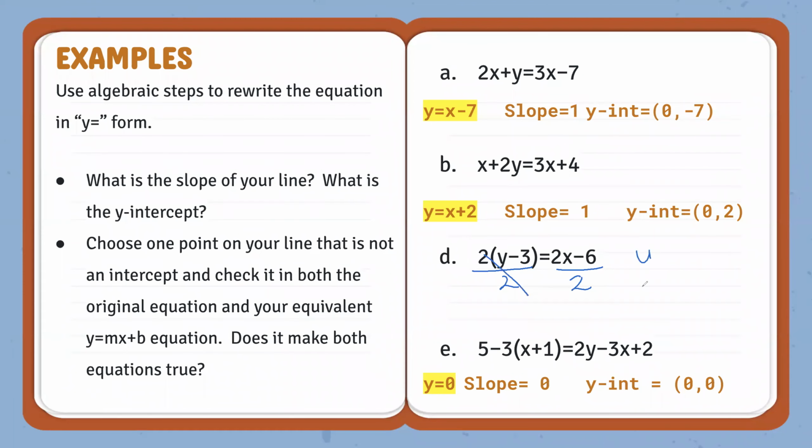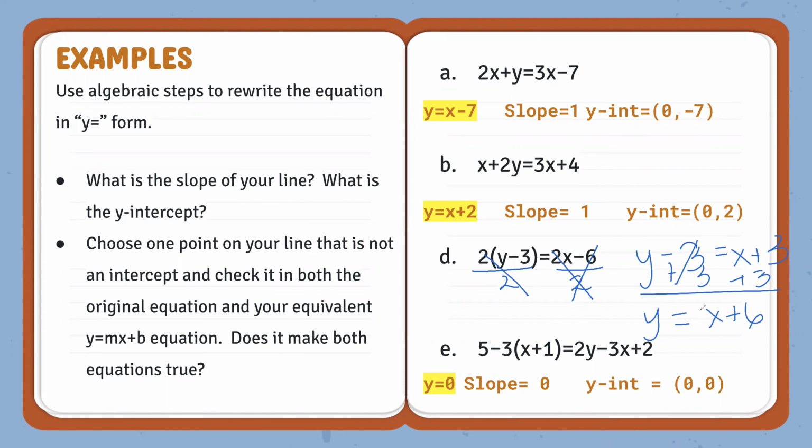And I now have y minus 3 is equal to 2 divides out 2 into 1. 6 divides out 2 into 3. And now I'm going to add 3 to both sides. And I'm left with y is equal to x plus 6.